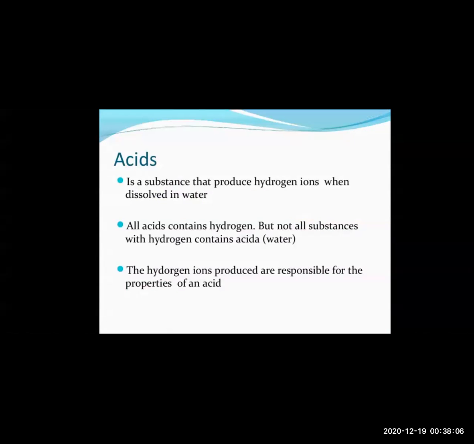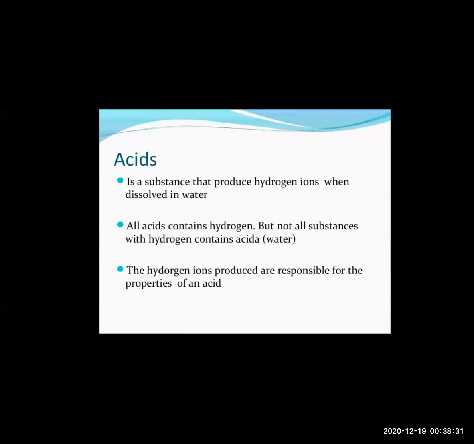Now an acid is a substance that produces hydrogen ions. Means what happens when acids dissolve in water? They produce hydrogen ions. Hydrogen ions means H plus ions when they dissolve in water. And all acids contain hydrogen when they are reacting with the water.